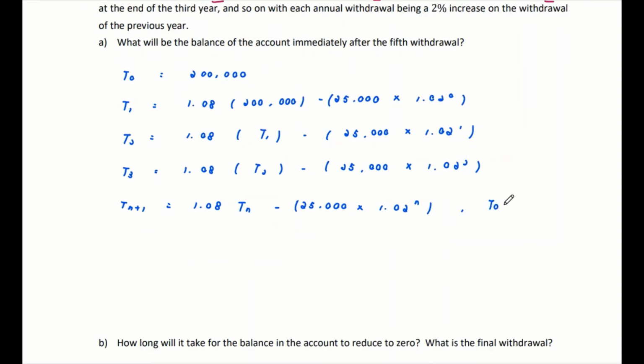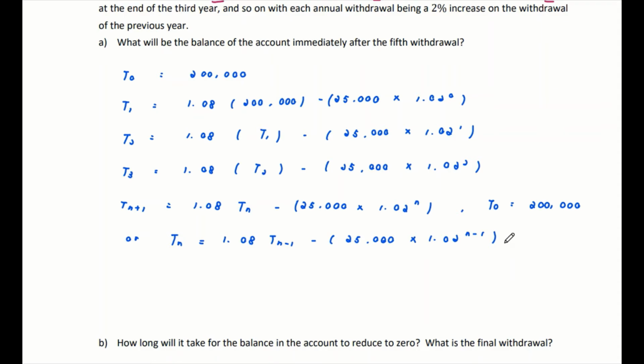In this case, you can write your T0, but just make sure when you are using your calculator's generate sequence, you put in your T1. If you want to use Tn, it's the same thing: 1.08 times Tn minus 1, minus 25,000 multiplied by 1.02. So the power here will become n minus 1 also.